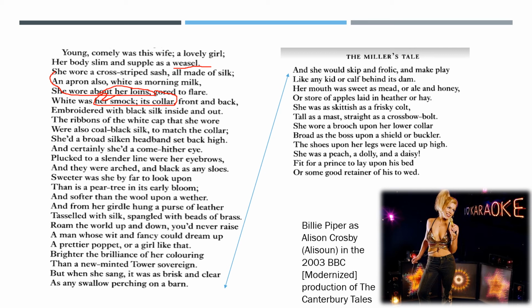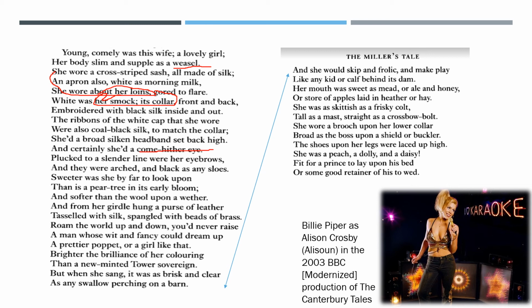The ribbons of the white cap that she wore were also coal-black silk, to match the collar. She'd a broad silken headband set back high, and certainly she'd a come-hither eye. Plucked to a slender line were her eyebrows, and they were arched and black as any sloe's.